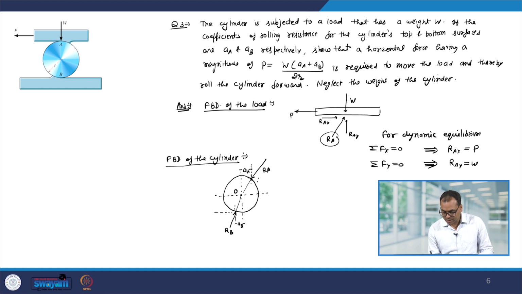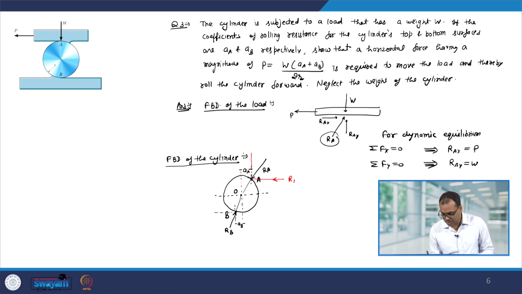Let us say this point is A and this point is B. Now, since everything is in dynamic equilibrium, therefore, the moment about B should be 0. So, we can take summation m B equal to 0, and before that let me break this force R A into the horizontal and vertical components.